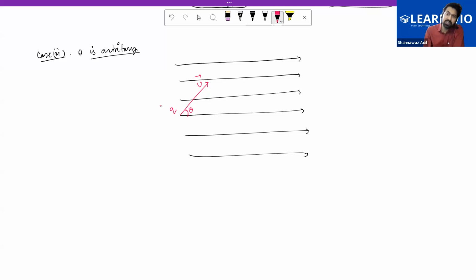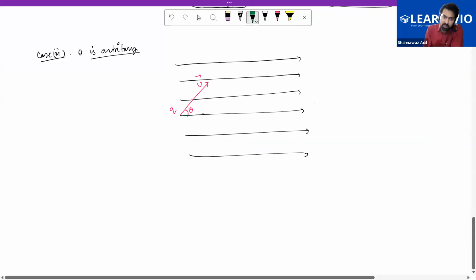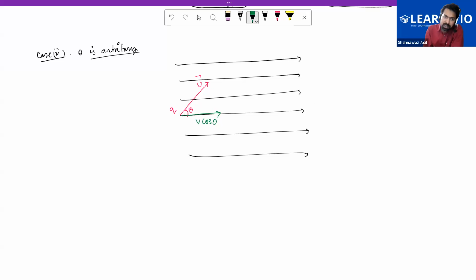Right? So now this velocity will have two components, and we have already talked about the resolution of vectors. One would be this one, which is v cos theta, and the other one is v sin theta.